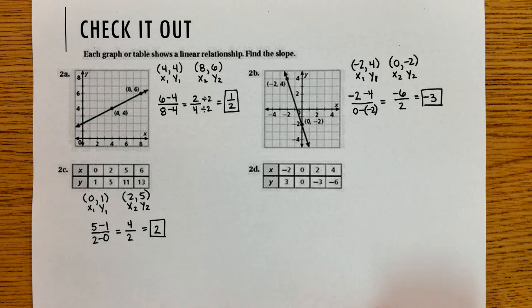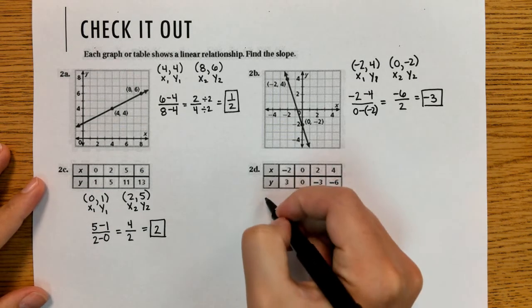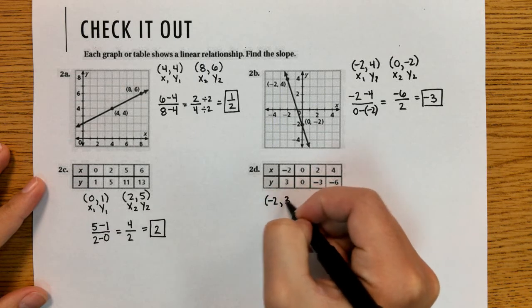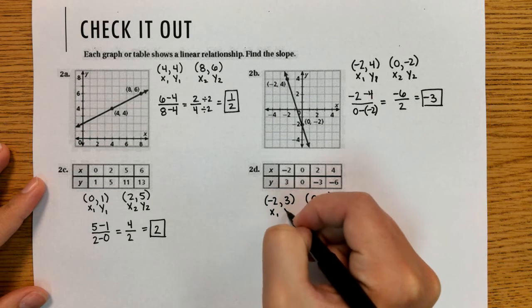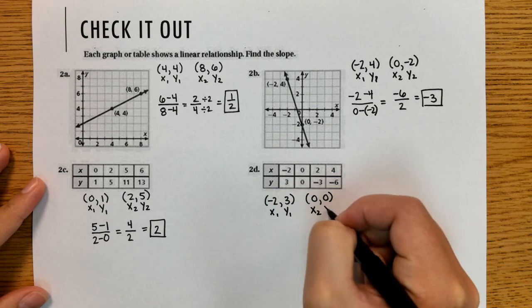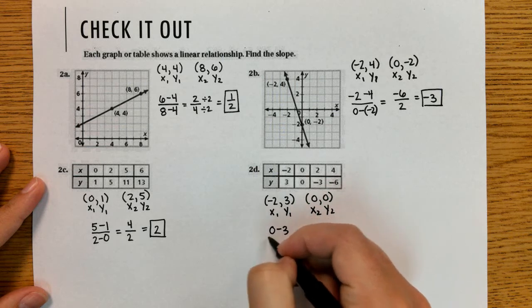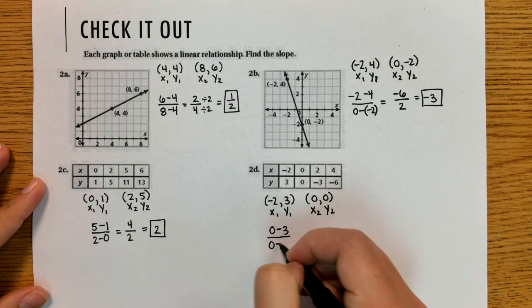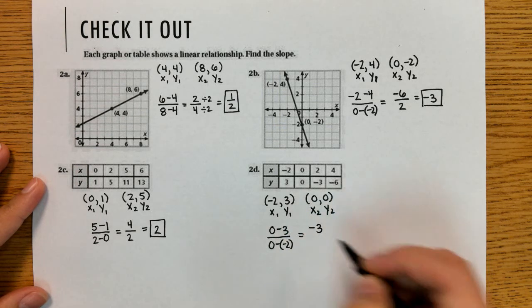Example D, we're given a table again. So pick 2 coordinates. It doesn't matter which one. I'm just going to pick the first 2. So -2, 3, and 0, 0. So x1, y1, x2, y2. So my change in y, so I'm going to have 0 minus 3. Change in x, 0 minus -2. 0 minus 3 is -3.